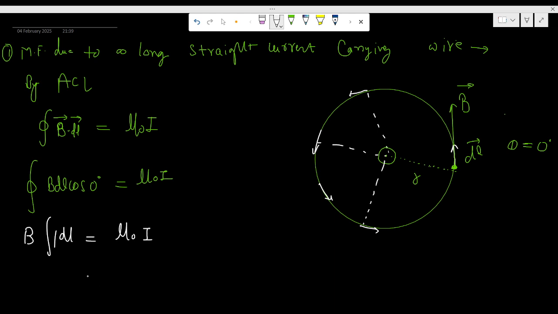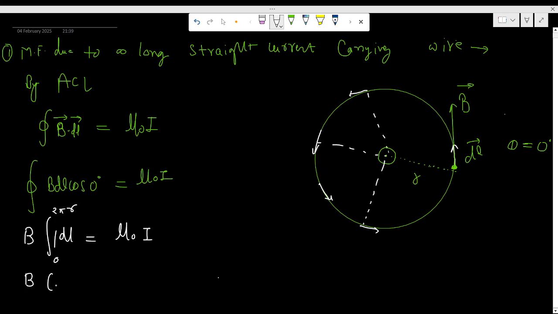Now what we have to do is apply the limits. The minimum length of dl is 0 and the maximum length of dl is 2 pi r, because the complete circumference is 2 pi r. Now first you have to integrate.